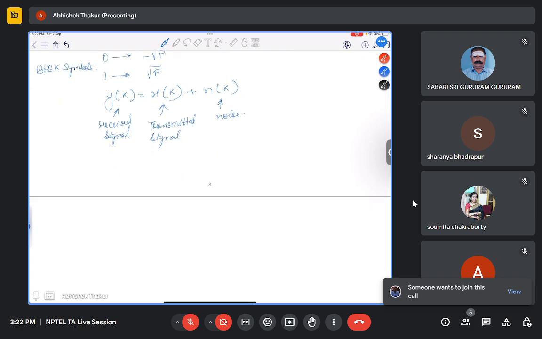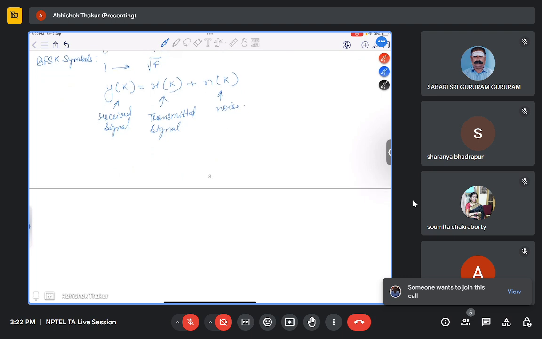After receiving, the decision made is xdk, which will be 1 if yk is greater than 0 and 0 when yk is less than 0.